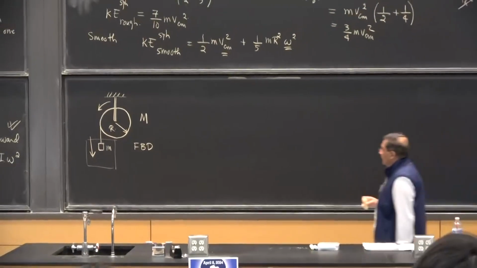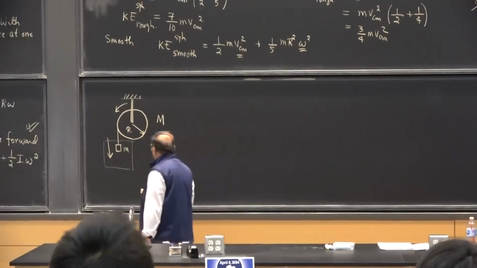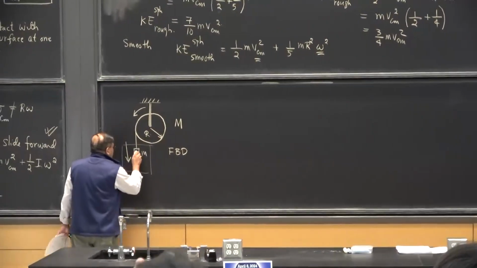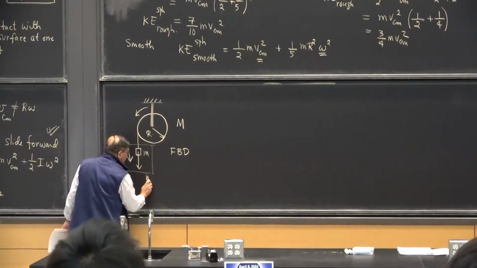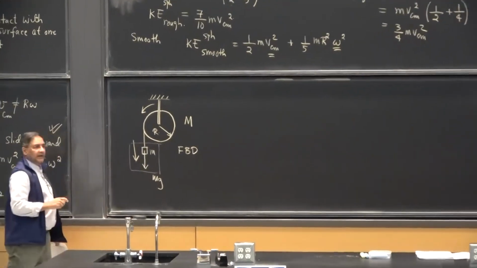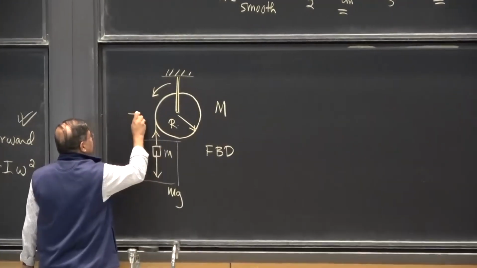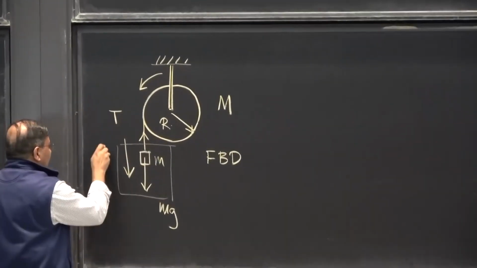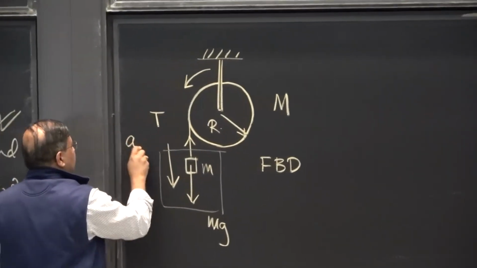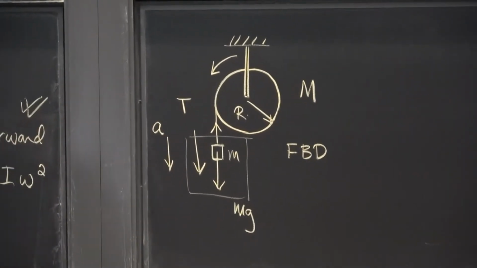That's what this free body diagram is all about. So we have an mg, which is a downward force. We have a tension T, which is an upward force. And then we have an acceleration downward here because it is going down.